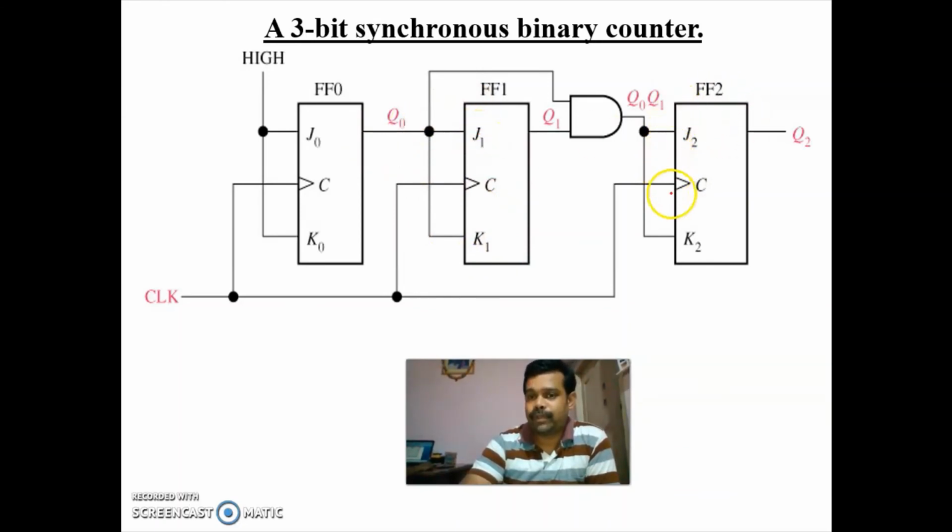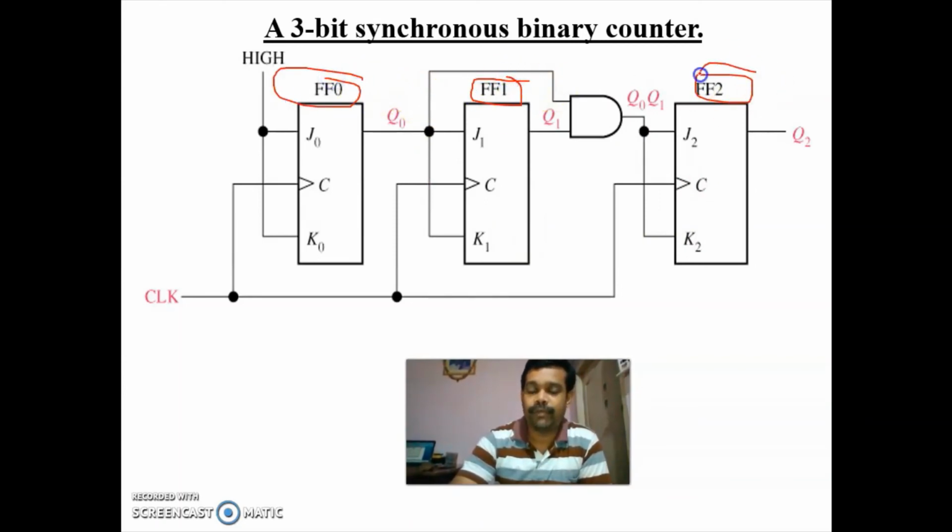For flip flop 2, we have connected the outputs of both flip flop 0 and flip flop 1 to an AND gate, and then connected it to the third flip flop. The first flip flop is named F of naught, the second flip flop F of 1, and the third flip flop F of 2.